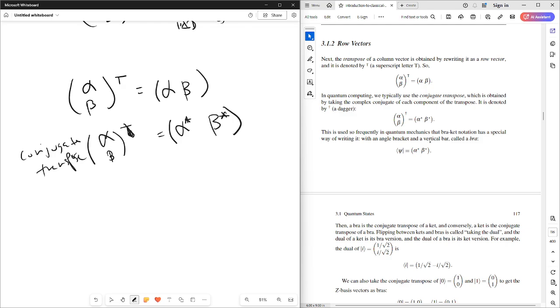This is used so frequently in quantum mechanics that bracket notation has a special way of writing it. This is the bra. That could be confused with your brother, but we've got alpha and beta.